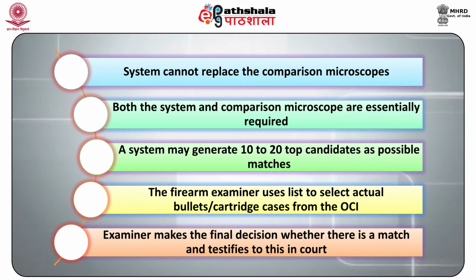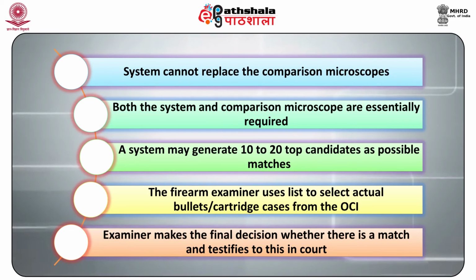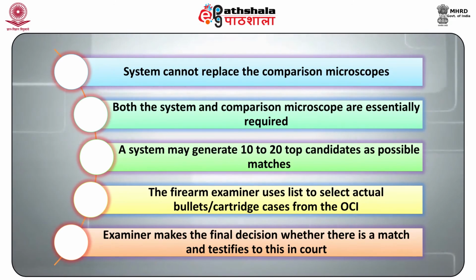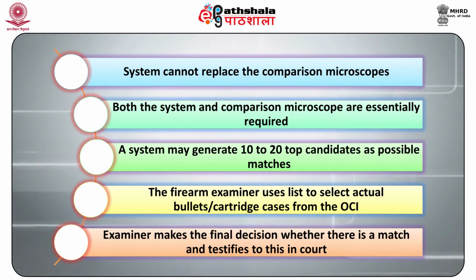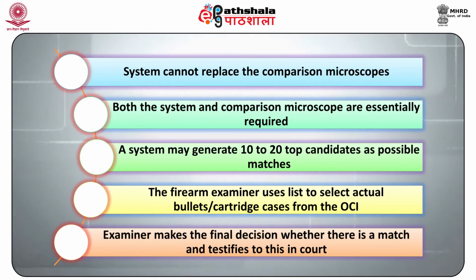The firearm examiner uses this list to select actual bullets or cartridge cases from the outstanding crime index for visual examination under a comparison microscope. It is the examiner who makes the final decision as to whether there is a match, and it is he or she who testifies to this in court.